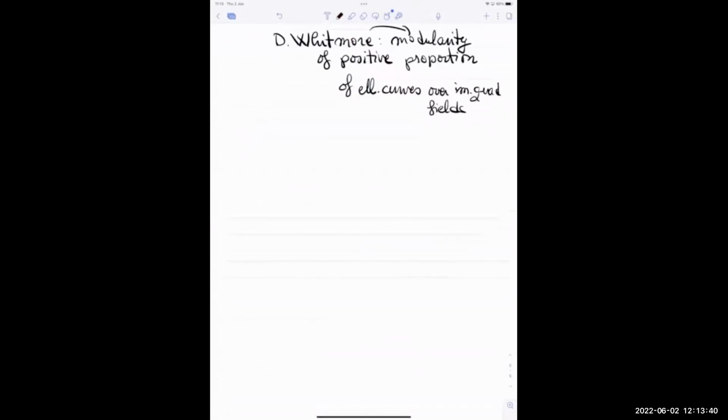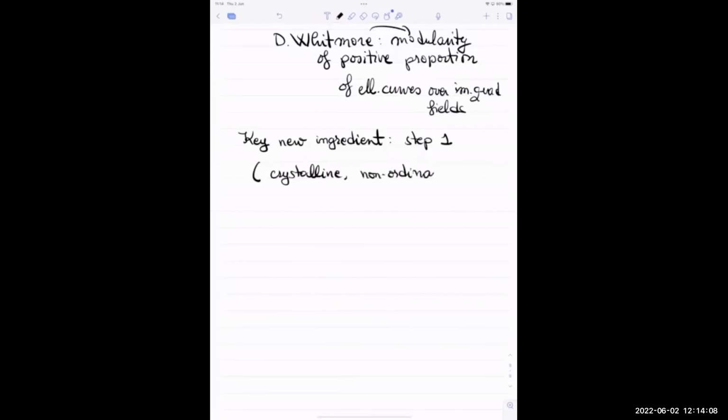The key new ingredient is this modularity lifting theorem, this Kisin-style modularity lifting theorem in the Barsotti-Tate case, and especially for crystalline non-ordinary Galois representations.